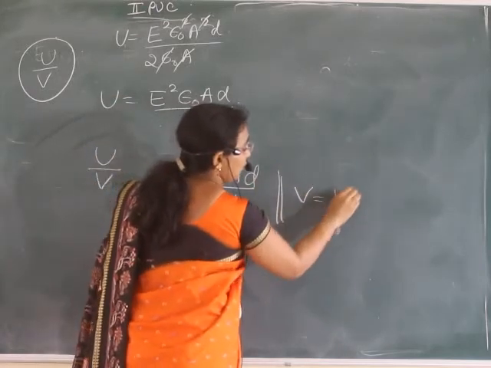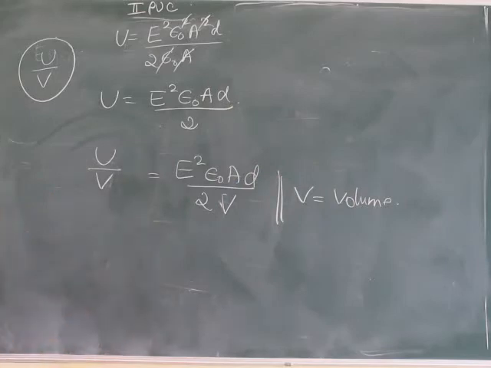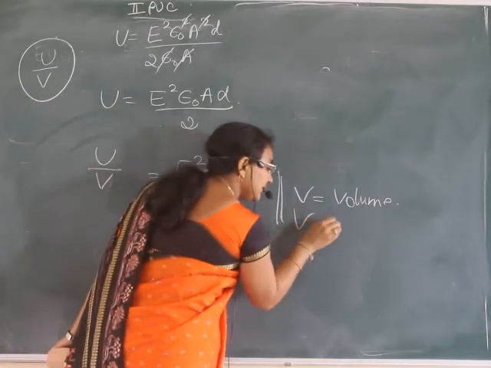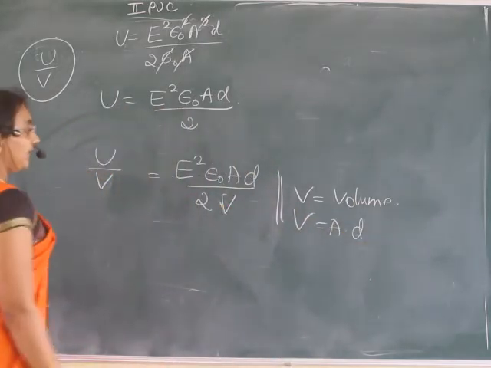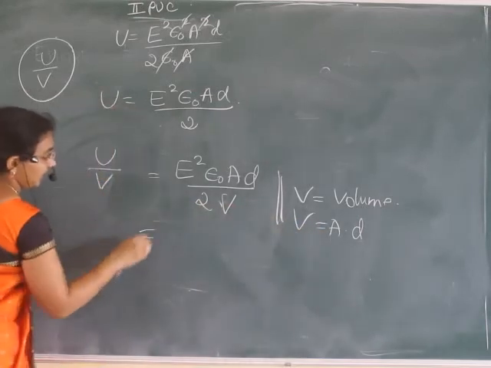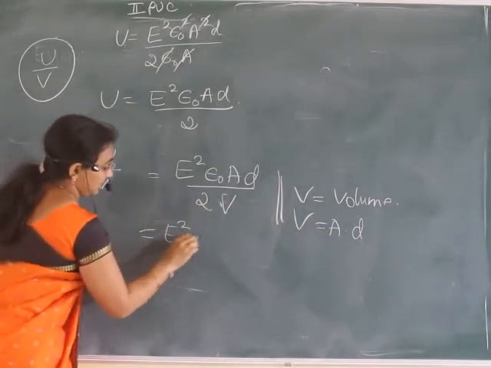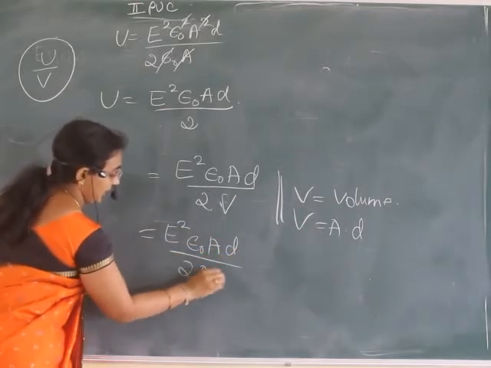V is equal to volume. Don't get confused with the V of potential difference. Okay, now I have written it as volume. We know that volume is nothing but area into distance. See here, I can write it as area into D. Then I can write E square epsilon naught AD divided by 2 AD.